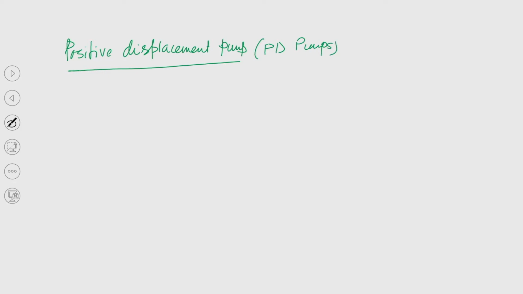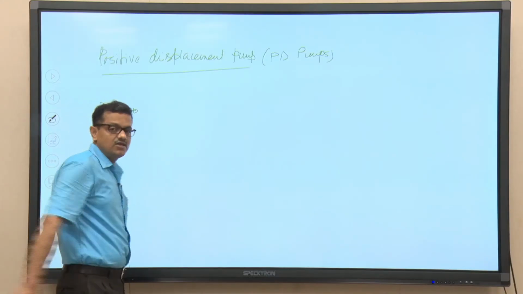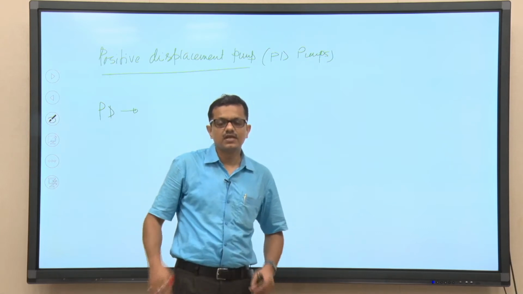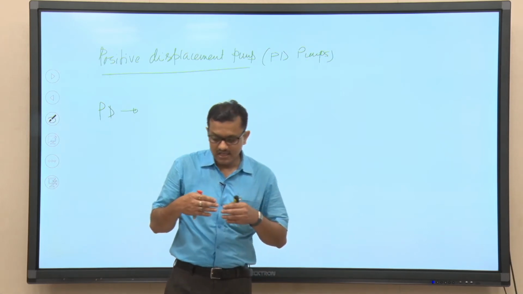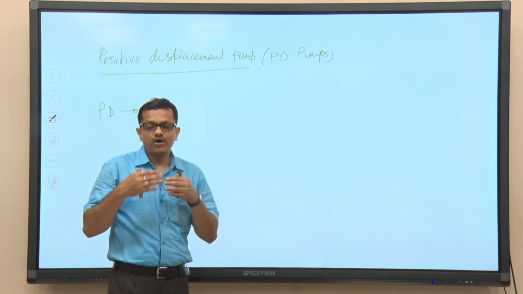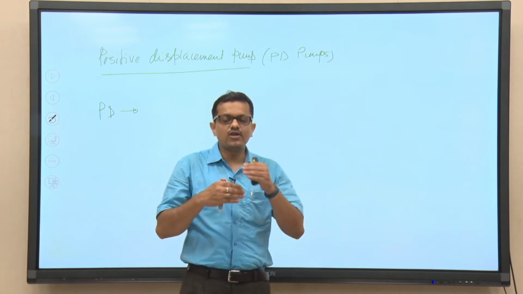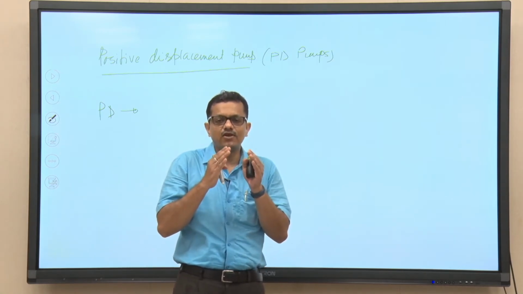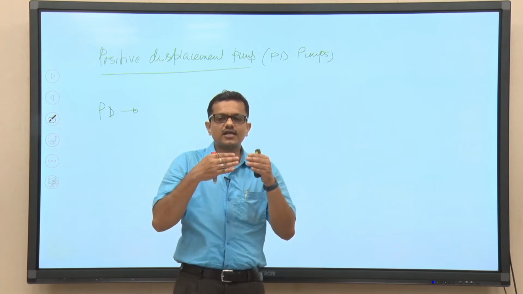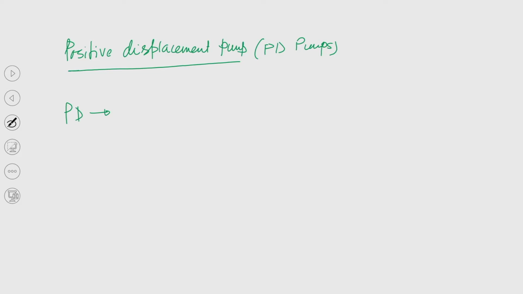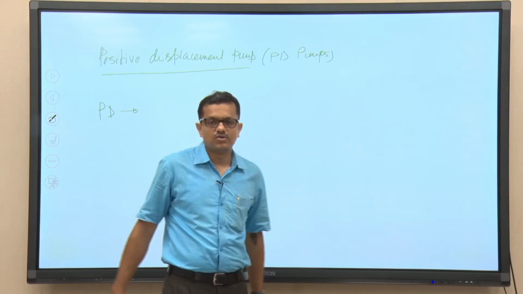I would like to recapitulate this, which will help us understand again: the functioning of PD pumps depends on the change of a certain volume of liquid within the machine. If we can identify a certain volume at any instant, that volume of fluid will change, and the functioning of the PD pump depends on this change.